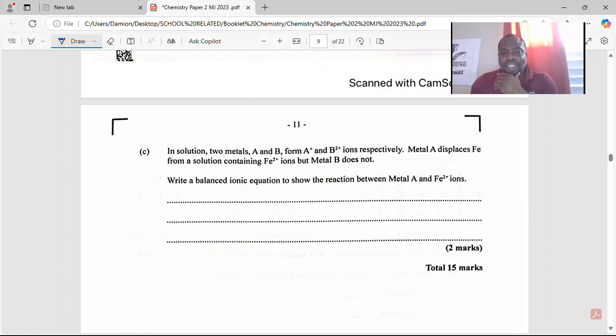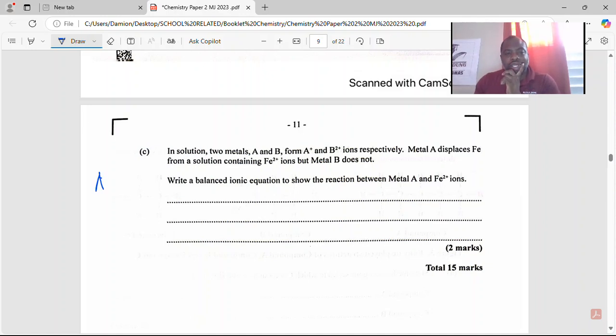Or would you arrange these in terms of reactivity? In terms of metal A, B, and the iron, how would you arrange them? Anybody? Sarah's going to say A, then the iron, then B. Beautiful.